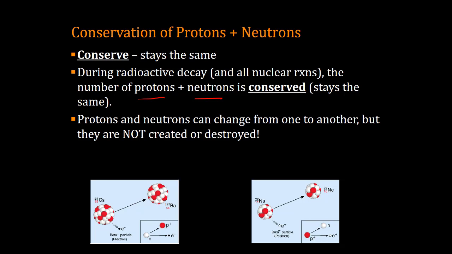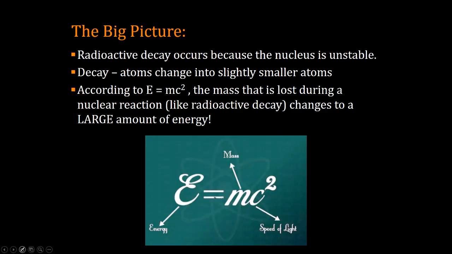The mass number stays the same. So protons aren't conserved, neutrons aren't conserved, because these can change back and forth into each other if we're emitting electrons or positrons, but we are not creating or destroying matter. Sometimes some mass is converted into energy, right? So the amount of mass goes down, but the amount of particles does not.